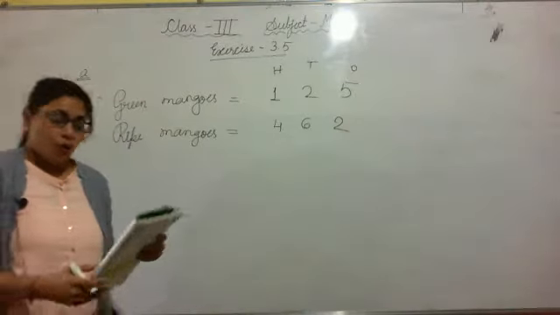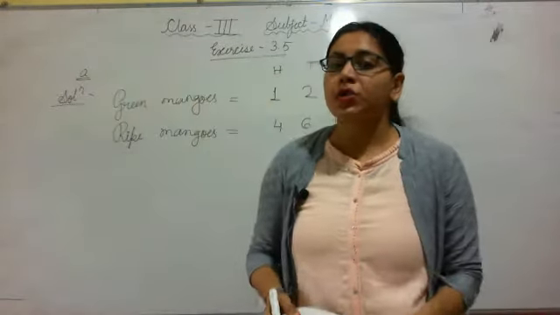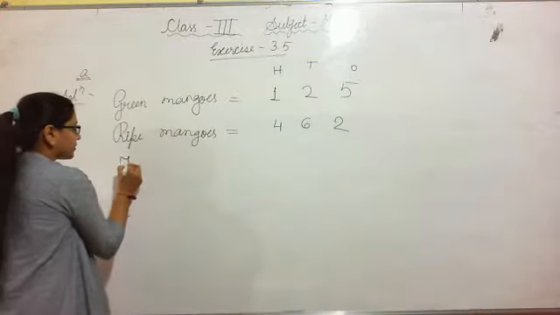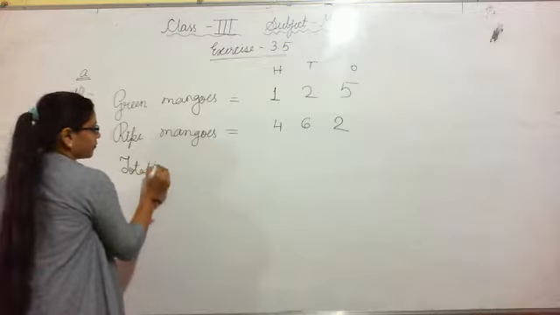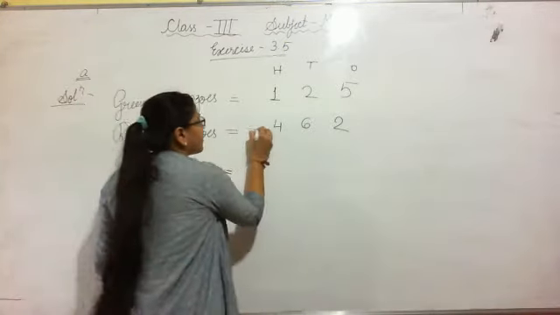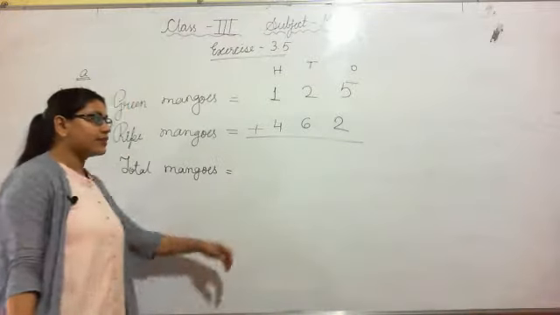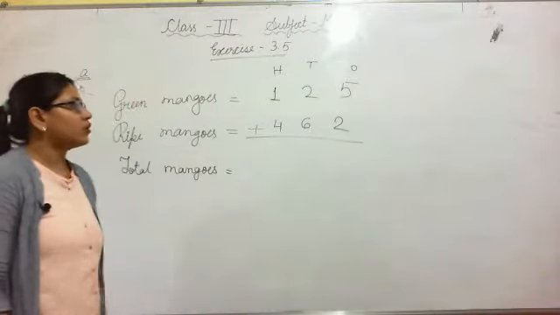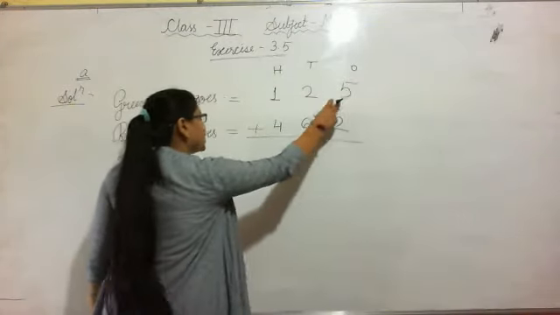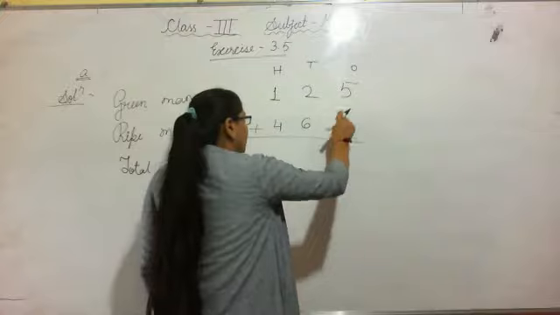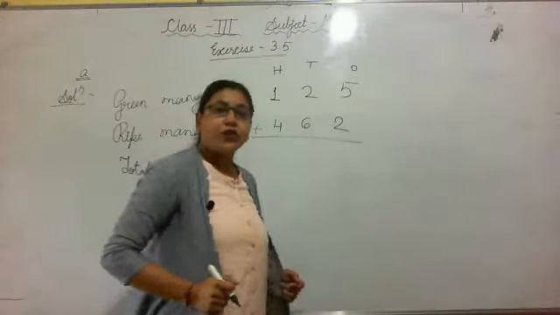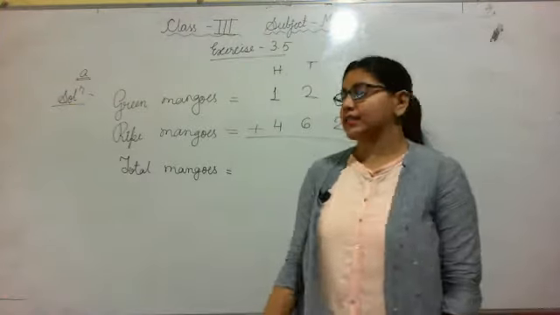Okay, now we need to find the total number of mangoes. For total mangoes we will add the green and ripe mangoes. Starting from the ones place, we will add ones to ones: 5 plus 2. All of you open 5 fingers.